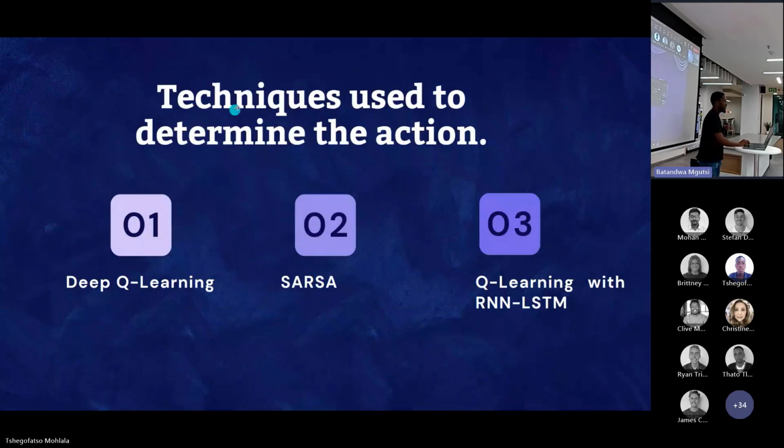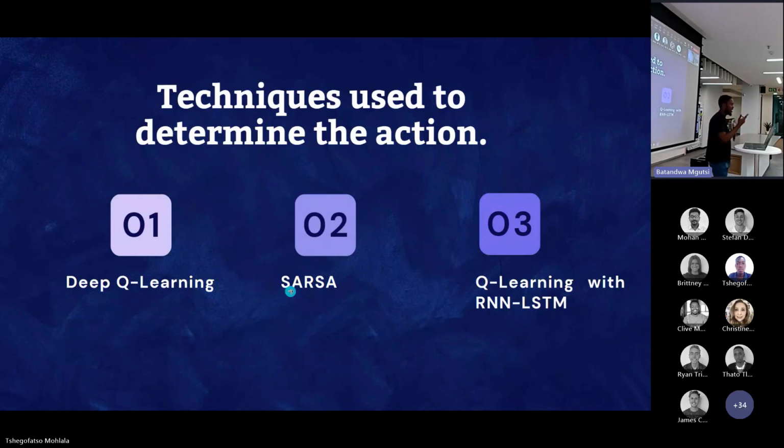The technique used to determine the action in our reinforcement learning is deep Q-learning. It's just Q-learning combined with convolutional neural networks. You've got SARSA, which is just state, action, reward, state, action.